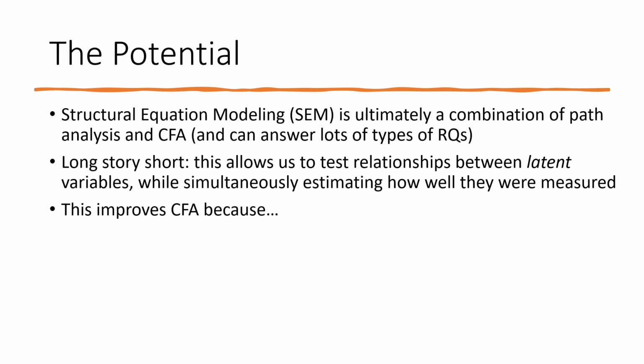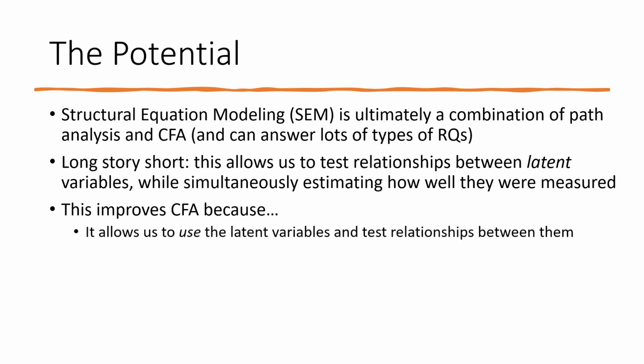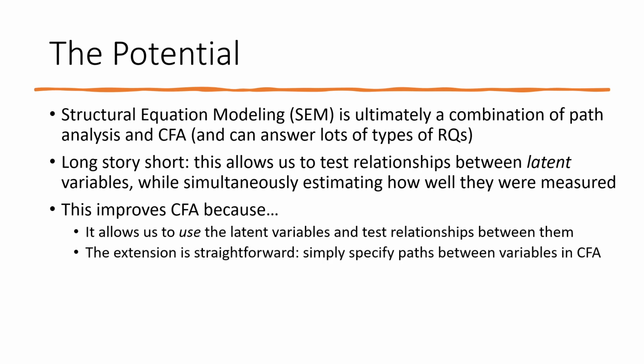So this improves CFA because in CFA the latent variables were just there and we were really looking at item loadings. But now in SEM, we can use the latent variables and look at the nature of relationships and if there are relationships between those latent variables. And it's really simple.